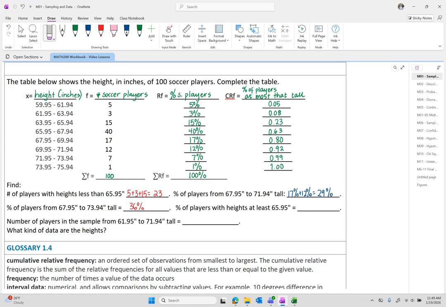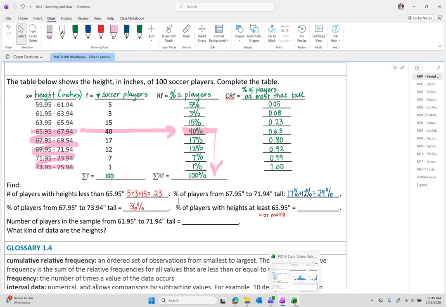The percent of players with heights at least 65.95. At least means equal or more or greater than, so the least it could be is 65.95, and at least 65.95 means this category and all the larger categories, and that's the percent of players. So I'm going to go here to 40, and then I'm going to add everything below it.